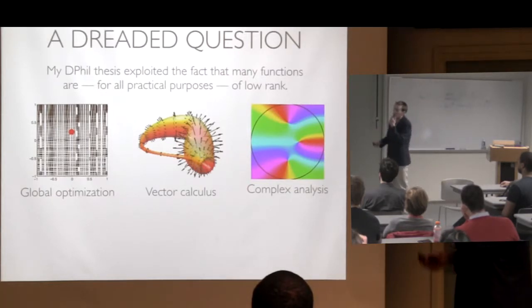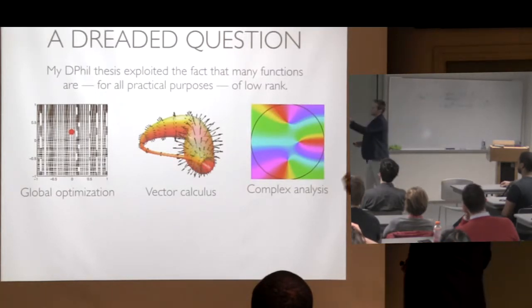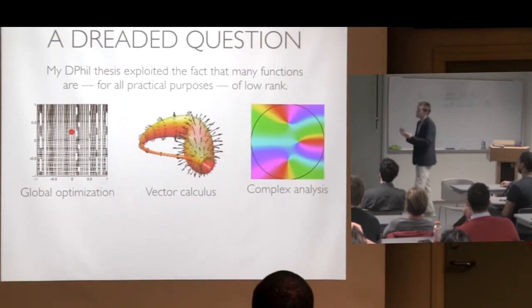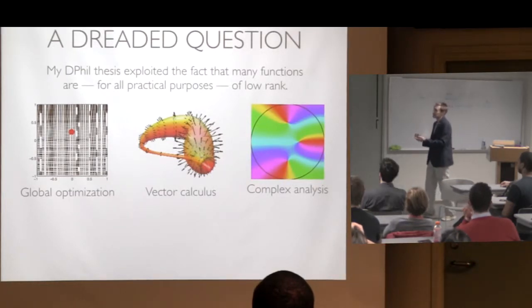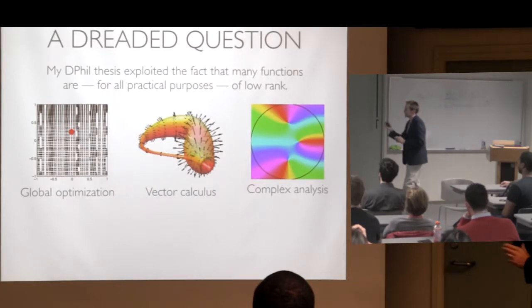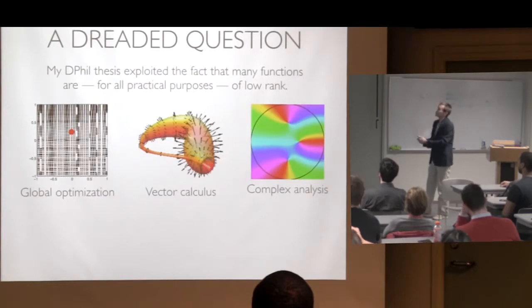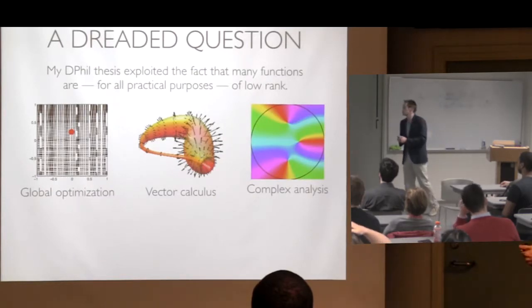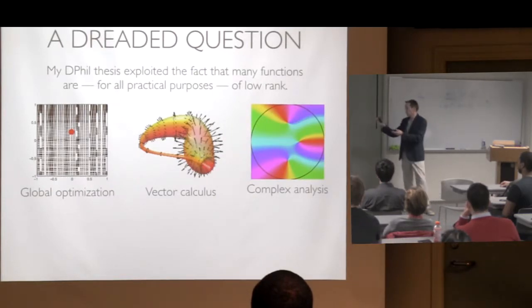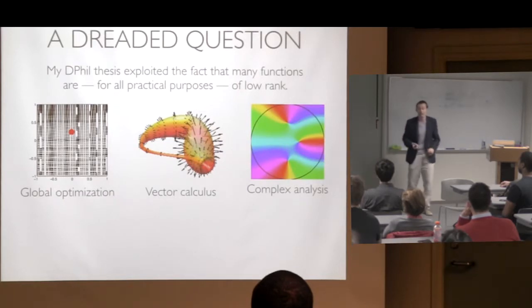And there's the black dots. And the object of the game is to find the red dots. And low rank techniques happen to be key to making that efficient. Or whether you're doing vector calculus, I did a load of work on how low rank can be exploited in vector calculus to speed up computations, or how to visualize complex analysis.